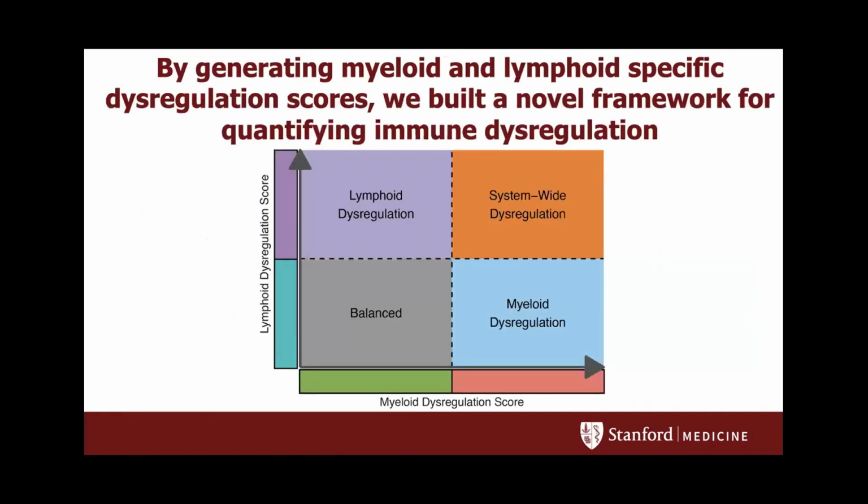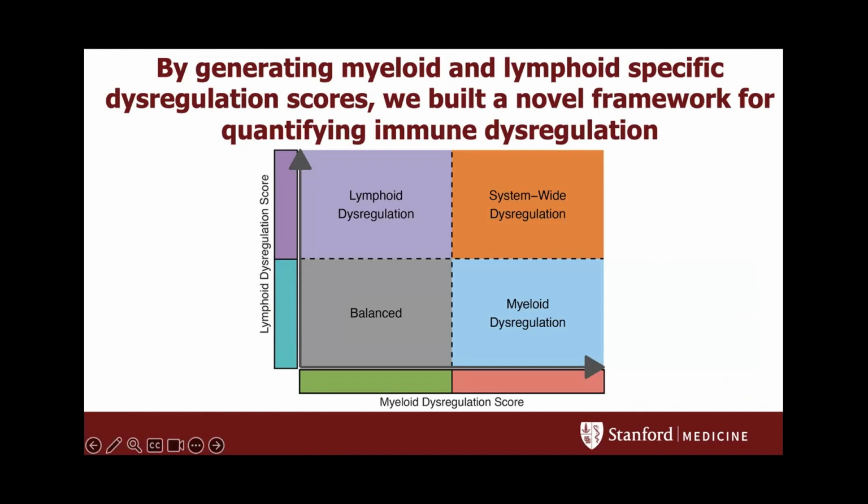So this gave us an idea, which was to leverage this biologic understanding and single cell data to identify cell type specific scores to build a more flexible framework for quantifying immune dysregulation. To do this, we evaluated all the genes across all of the scores we evaluated and picked only those genes that were specific to the myeloid or lymphoid cell types.